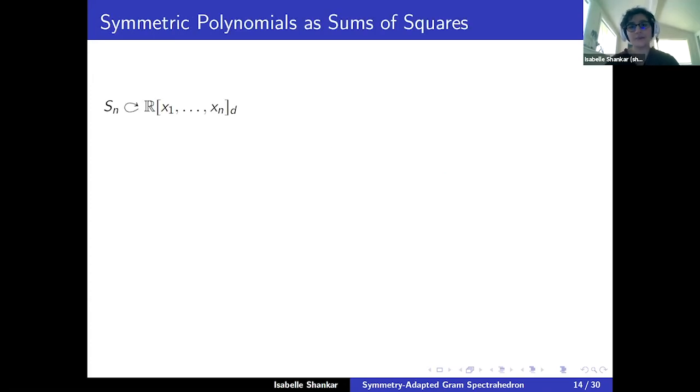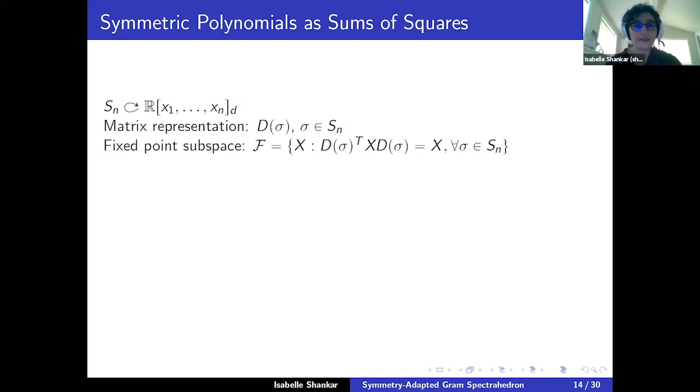Right, so again, we start with a polynomial of degree 2d, and we consider an action of S_n on the space of degree d polynomials in n variables. This has a matrix representation, which I again assume is orthogonal.